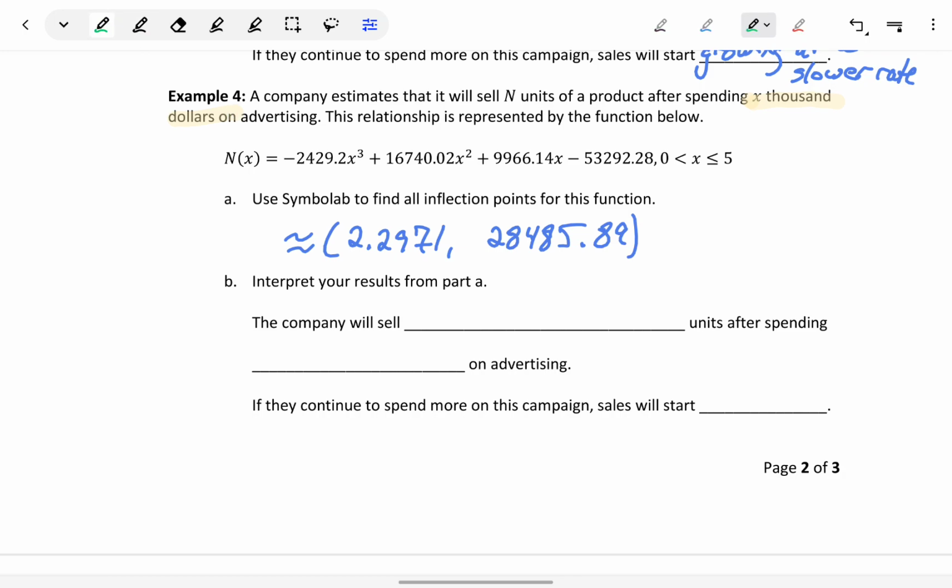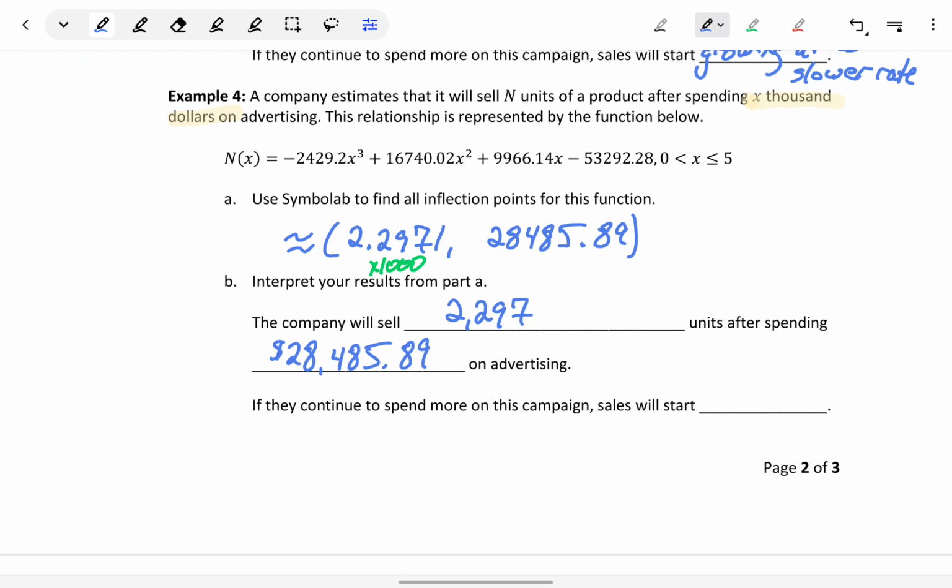So we'll need to multiply our X value by 1,000 for the interpretation. This point is telling us that the company will sell 2,297 units after they spend $28,485.89 on advertising.